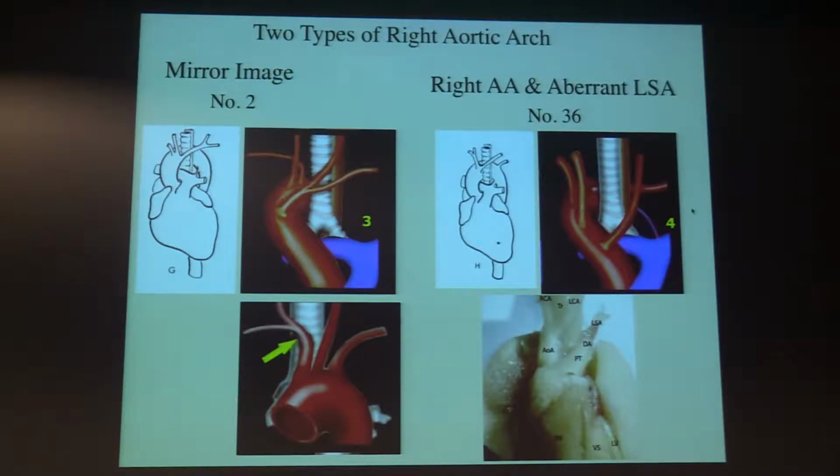As you can see, the difference between the mirror image and the aberrant left subclavian artery: here we have 4 vessels, and here we have the normal configuration of 3 vessels.